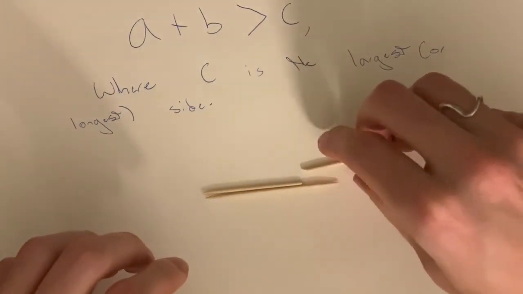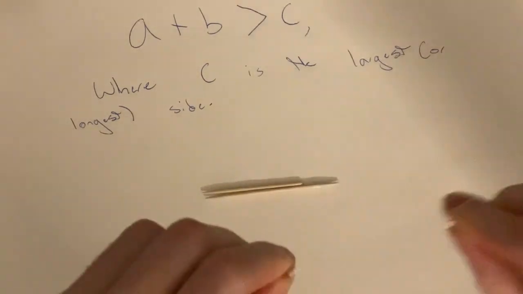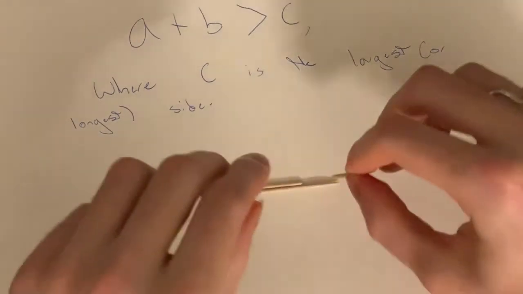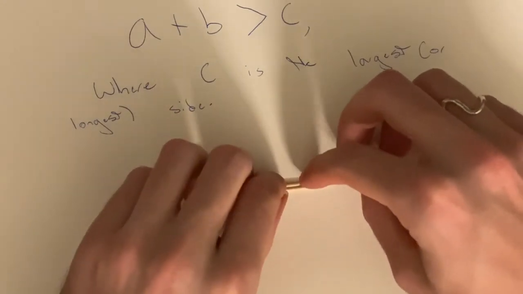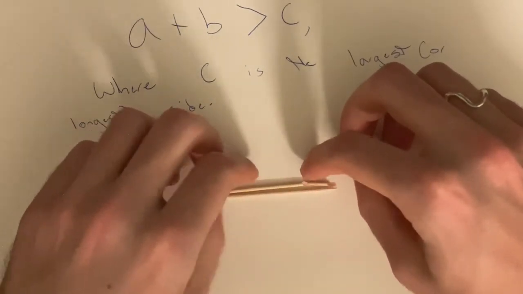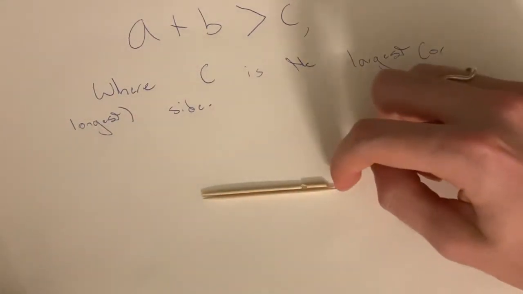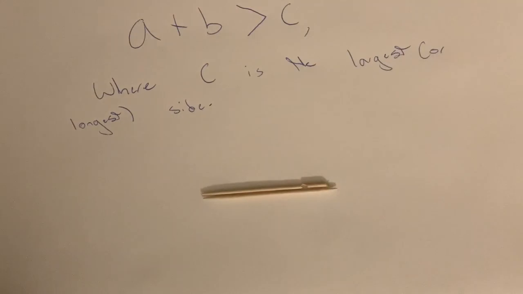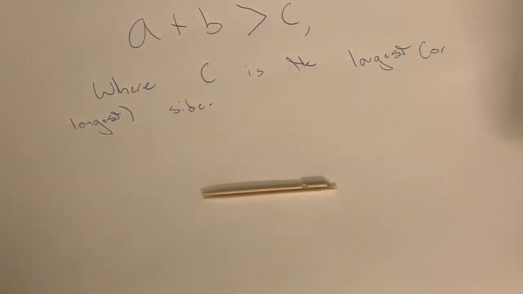But now we're going to break off another part just to make it obvious that the two other sides are just a little bit shorter than the longest side. I don't know if you can see, but there's a little bit of an interval there, so they're not exactly the same size. And if you add together these two shorter sides, the sum of their lengths is shorter than the longest side.